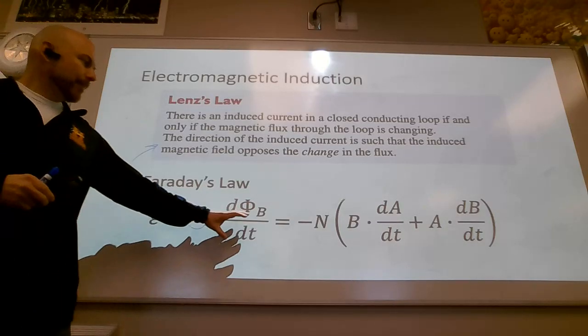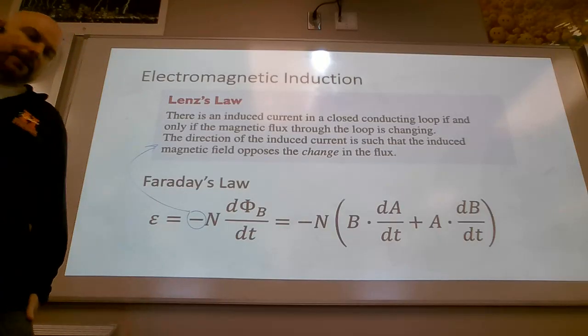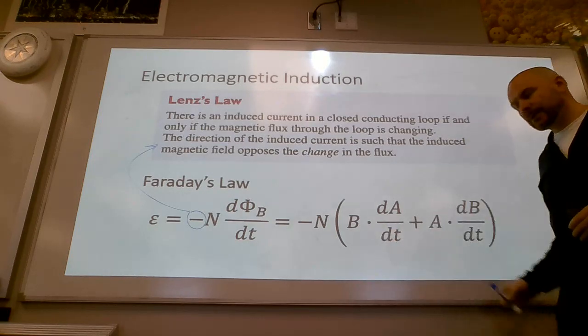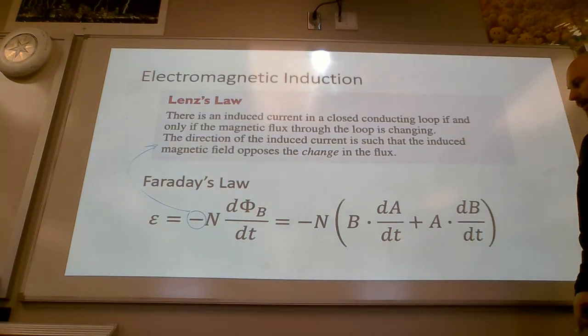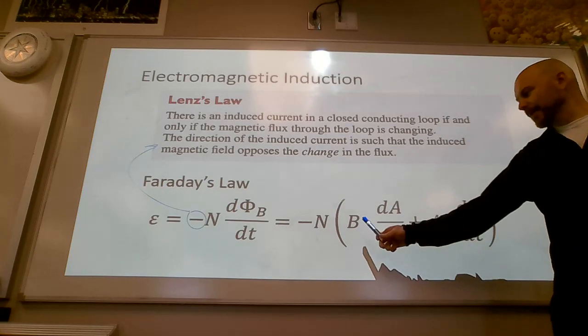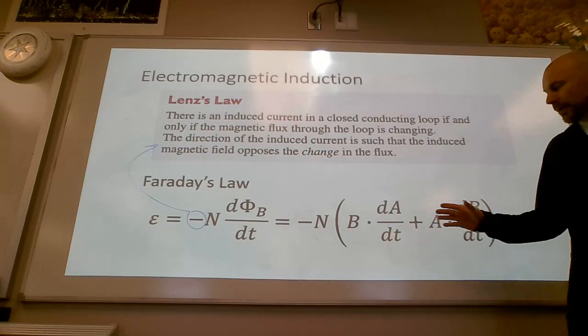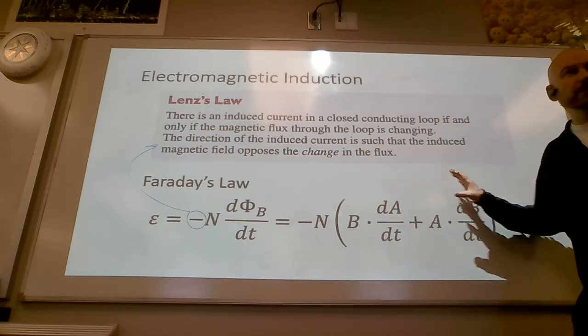Okay. Now, because the flux is dependent upon two variables, and both of those variables could possibly change, you've got to do, what's the name for that? Not the chain rule. Product rule? Product rule. Okay. So typically, I've not yet seen this happen. Usually one of these expressions is zero.